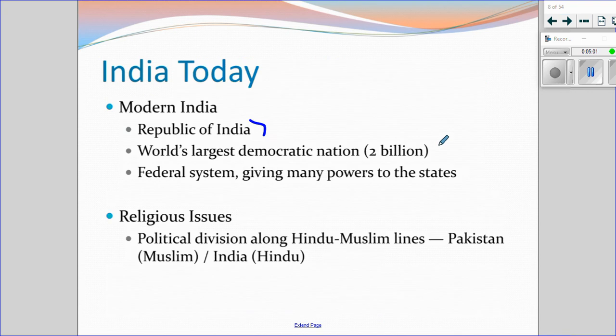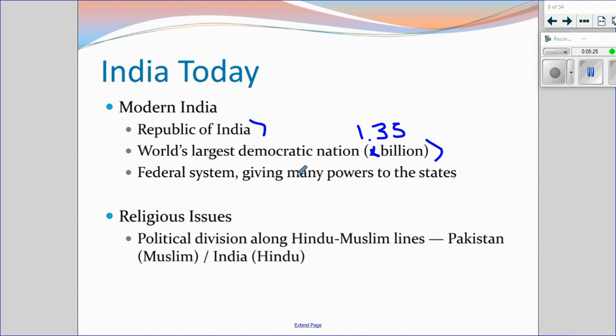It is the world's largest democracy. So I want to say there's not quite 2 billion people, but maybe closer to 1.3, 1.4 billion people. So this is a little bit off. Let's say 1.35 billion people.